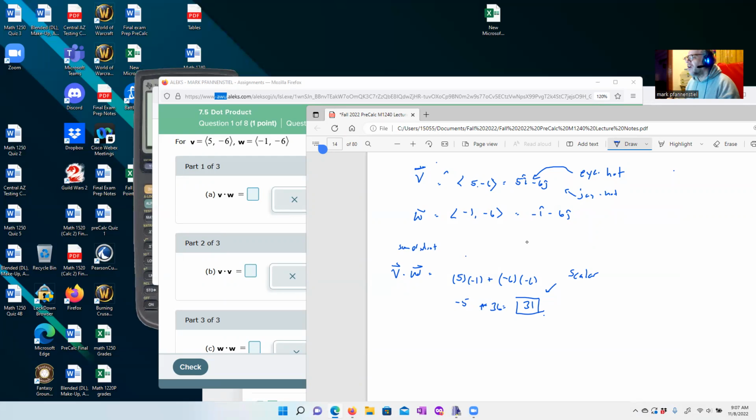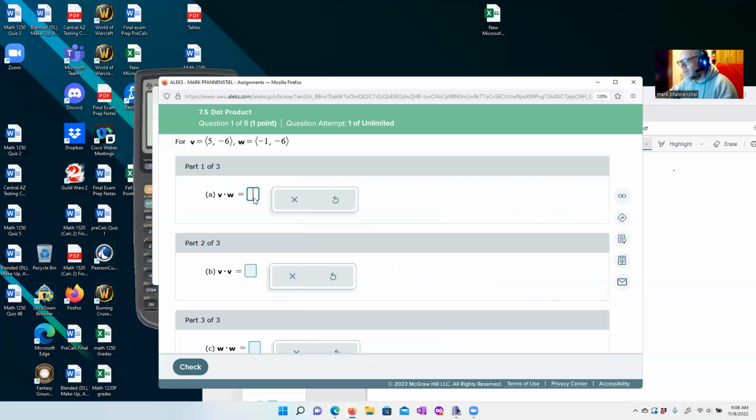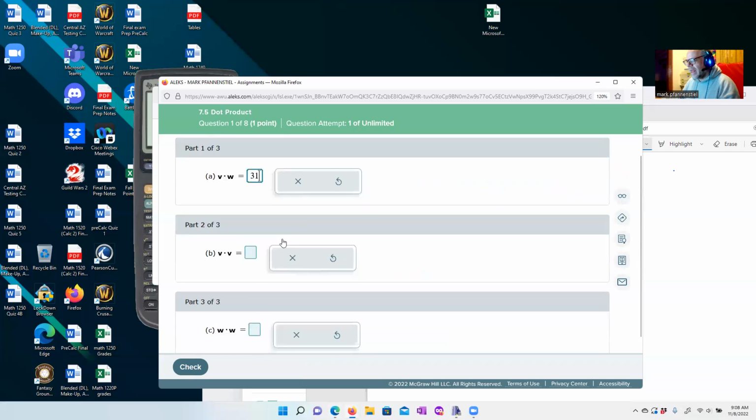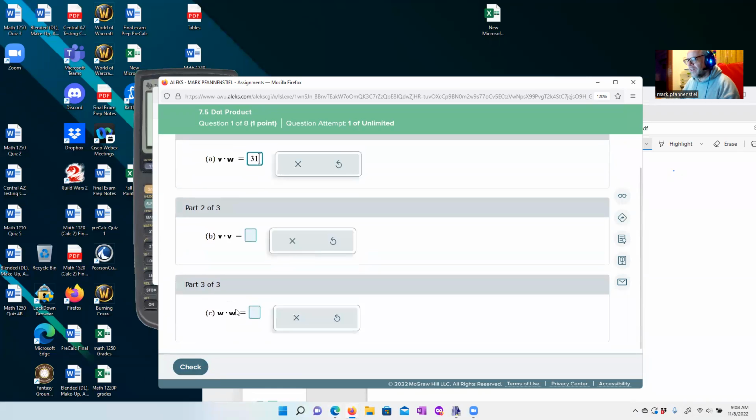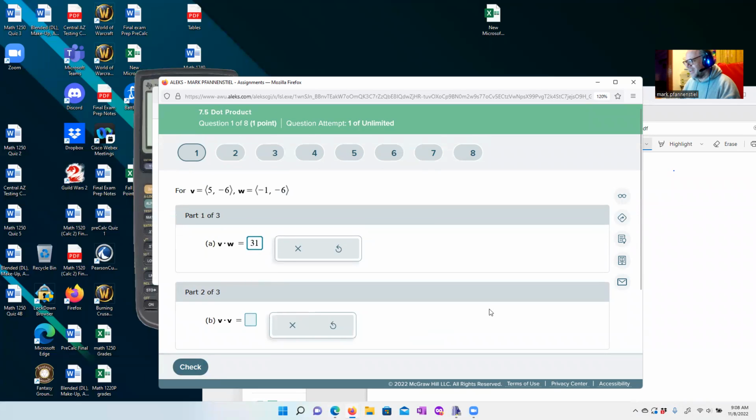We don't talk about cross products in this class, so that's not something you have to worry about, but that would be a vector product, where we'd end up with a vector at the end. With dot products we end up with a scalar, and that's what they're going to ask us for. So in this case, it's 31. And they may let us check, or they may say wait till the end.